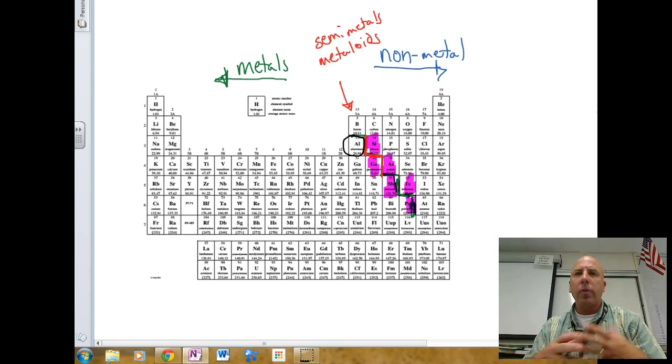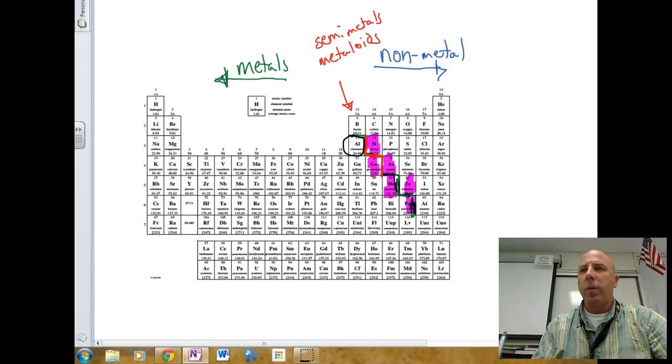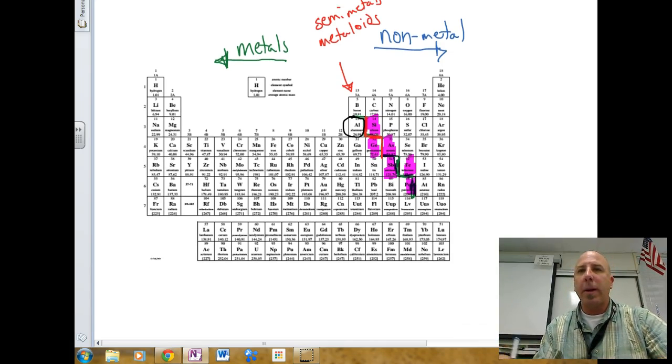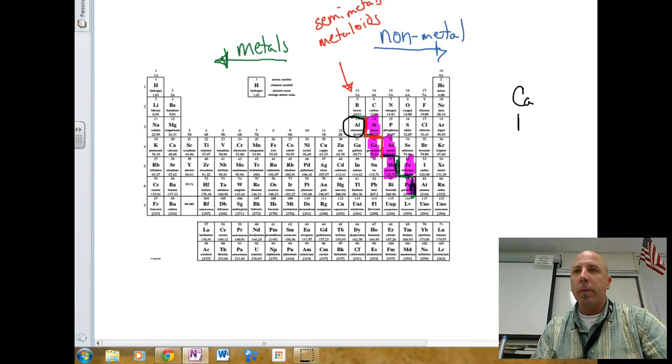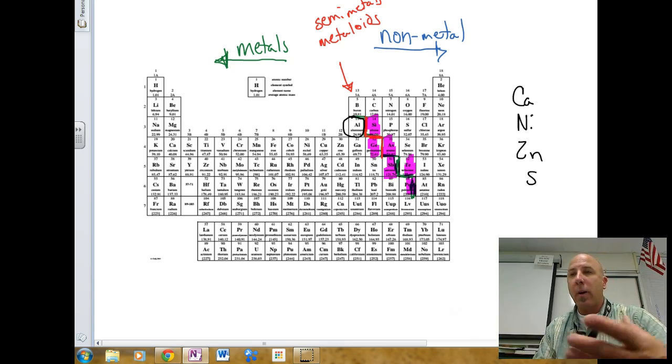Okay, so those are some of our big distinctions there: metals, non-metals, semi-metals. So oftentimes, a test question might give you a list of, let's say, calcium, nickel, zinc and sulfur, and ask you to identify which of these four is a non-metal.